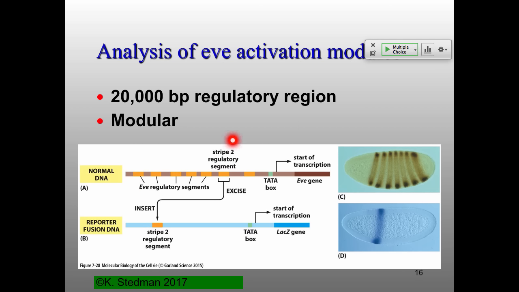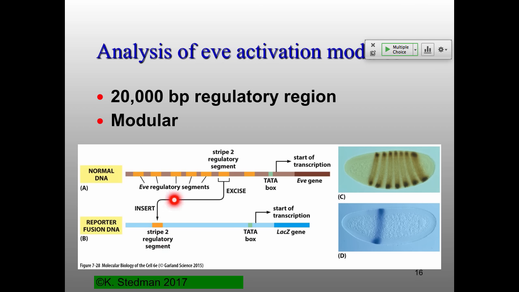And you can take one of those regulatory segments and put it next to a reporter gene, our friend LacZ, the beta-galactosidase gene, enzymatic activity that Drosophila normally doesn't have. And if you express this gene and stain these cells with a dye that requires that enzymatic activity, you'll find that it's expressed in only one place. And that's just due to this particular regulatory element right here.